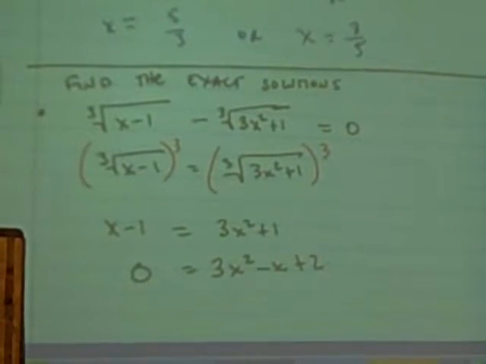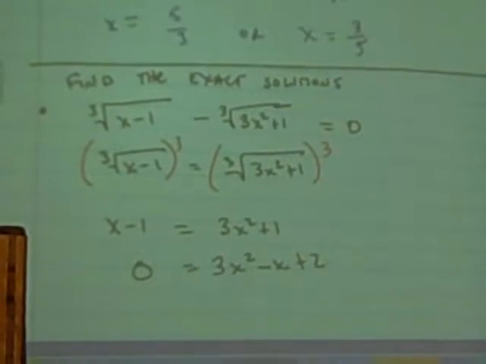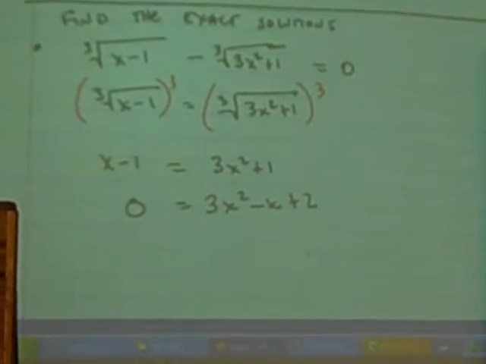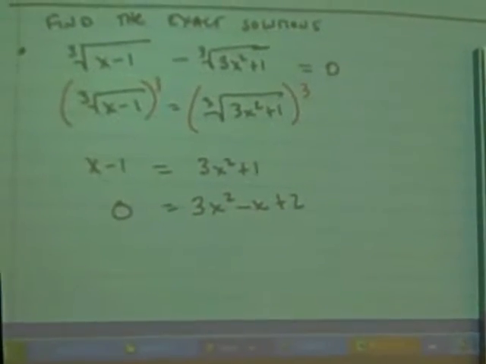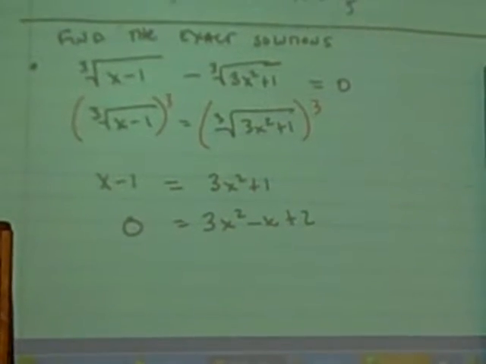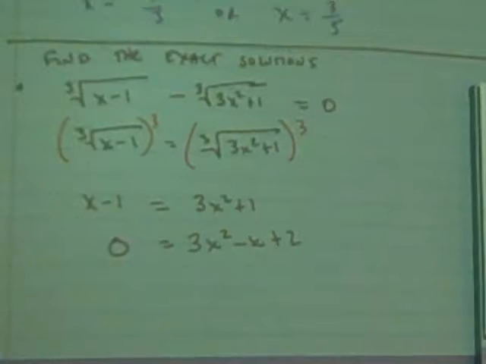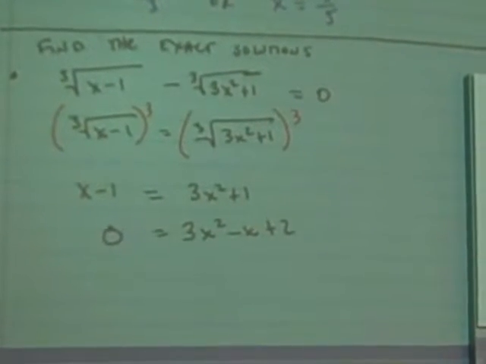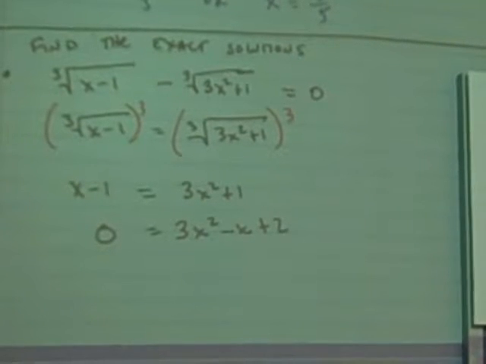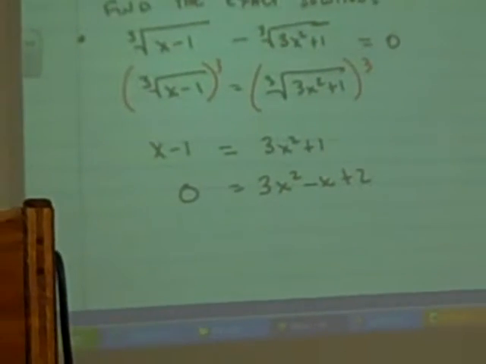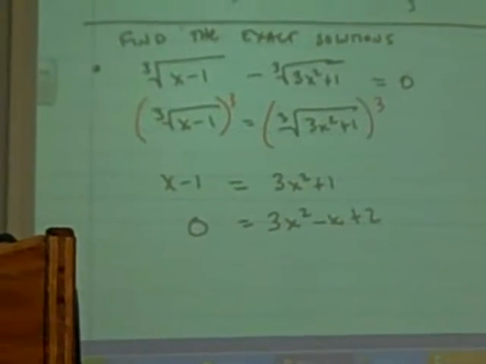Fascinating stuff. That's exact solutions. What do you want to do? Do you want to use the quadratic formula? You could factor this one. Maybe not. No, you couldn't factor this one. Completing the square would be a hard way to do it when a is not equal to 1.